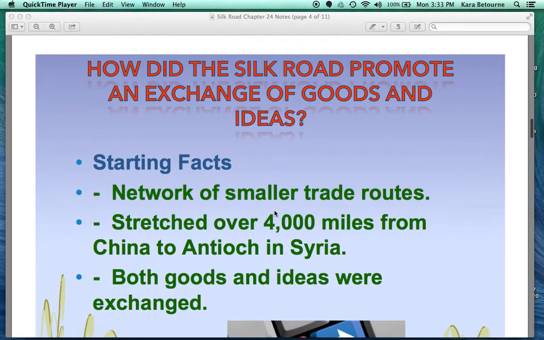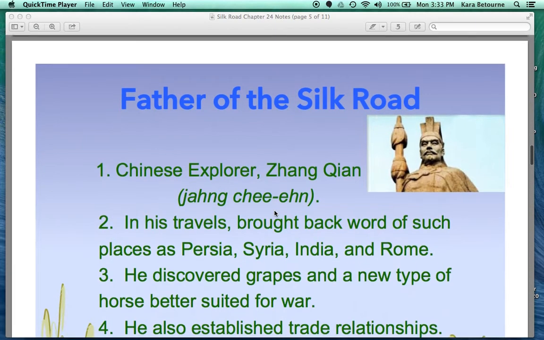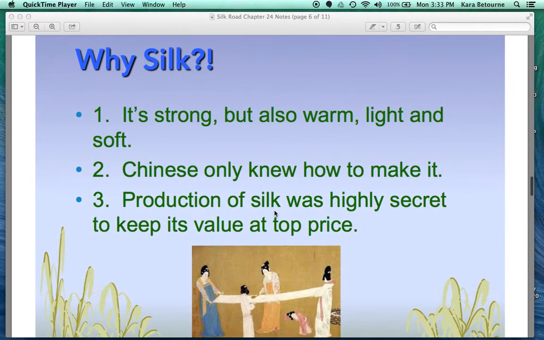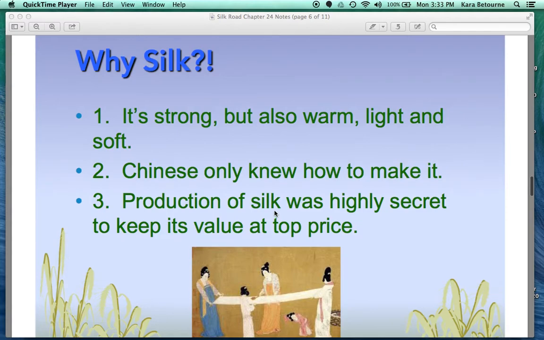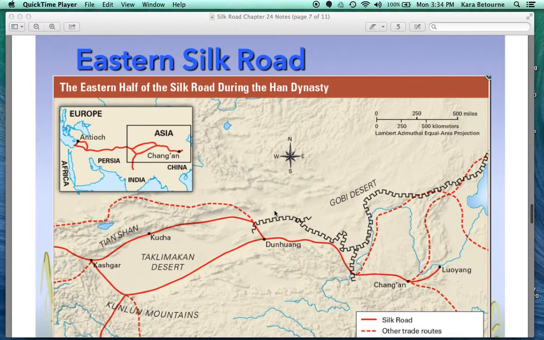There are a couple of notes here about how the Silk Road promoted an exchange of goods and ideas. It talks a little bit about the father of the Silk Road. Why silk? Why did China decide that was going to be their main industry? The Silk Road was divided into the Eastern and Western Silk Road.